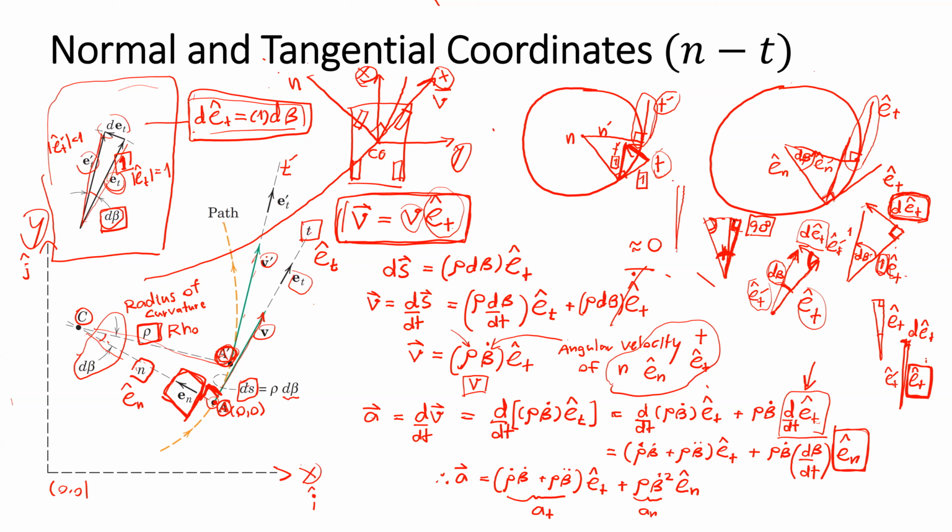Can you accept this assumption? Yes. But what is the thing that has a 90 degree difference in angle with the t direction? That is the n direction.